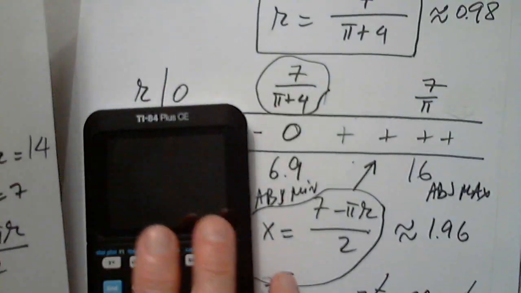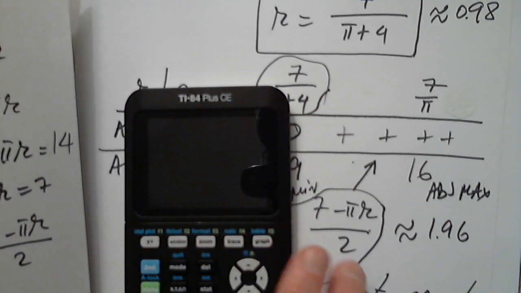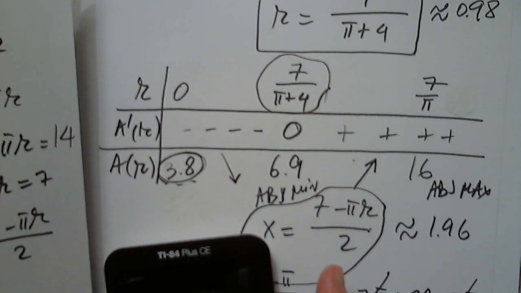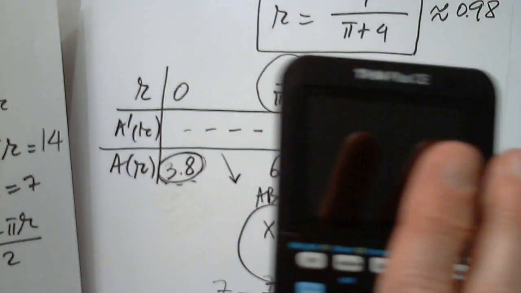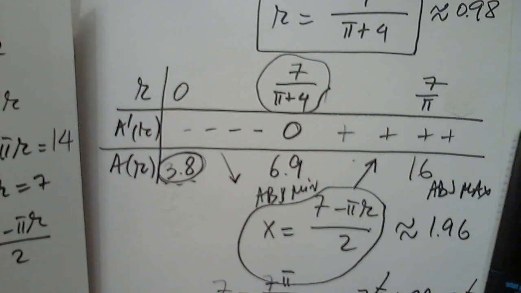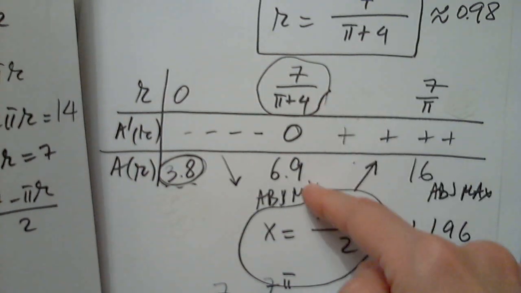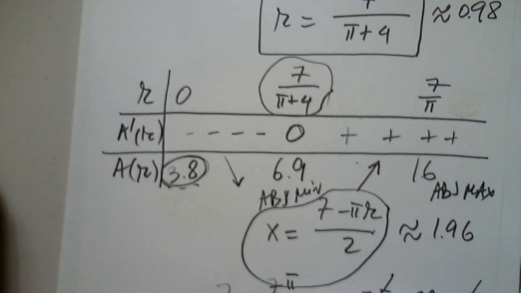So r squared will be that plus pi. Well, I'm adding to x squared, I'm adding pi r squared. So it cannot be absolutely, huh?